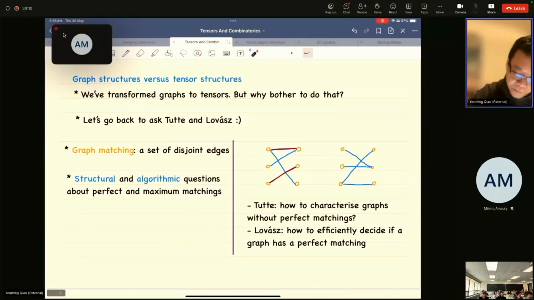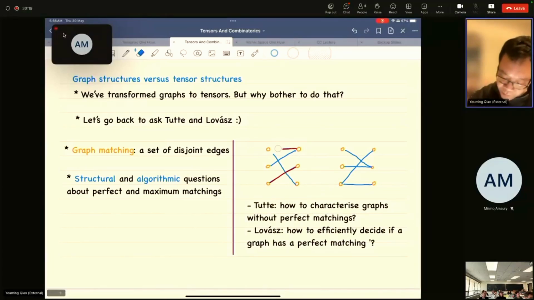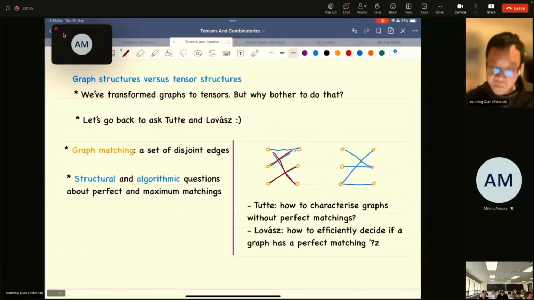Namely, if you don't use this edge, but instead you use these two edges, now you have found a perfect matching, because now these three red edges don't share vertices, so they form a matching, and they touch every vertex, so it's a perfect matching. So this is an example of a perfect matching.